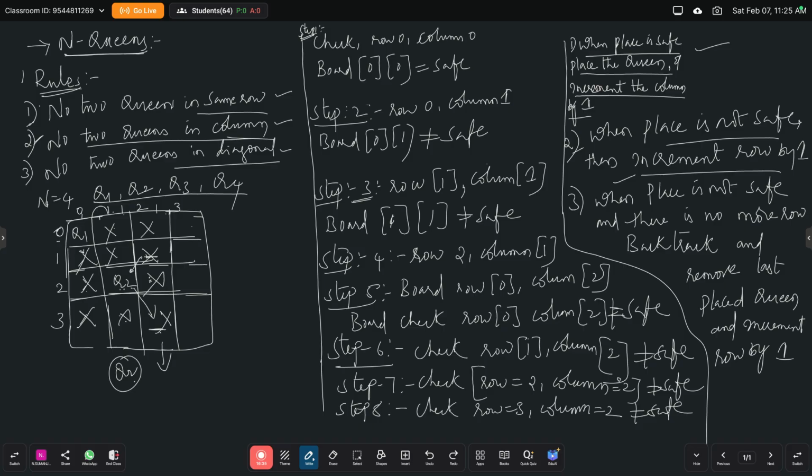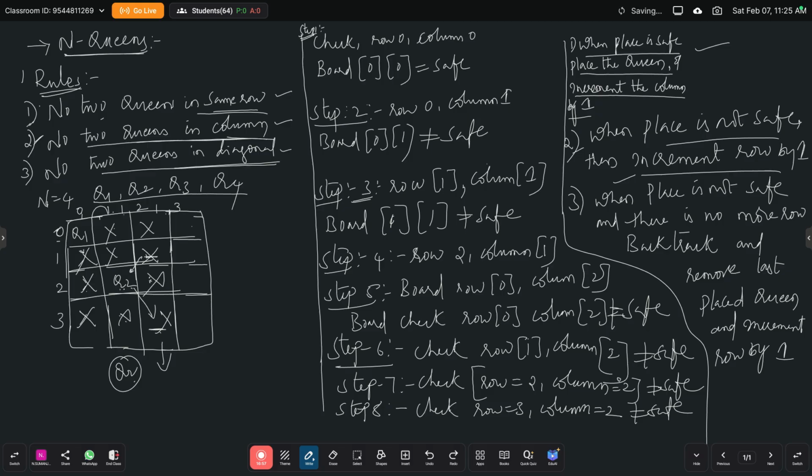We have almost 6 rules, but the basic rules are 3. No two queens should be placed in the same row. Second, no two queens should be placed in the same column. Third, no two queens should be placed in the same diagonal. By using those 3 rules, we have to fill the chessboard with 4 queens.